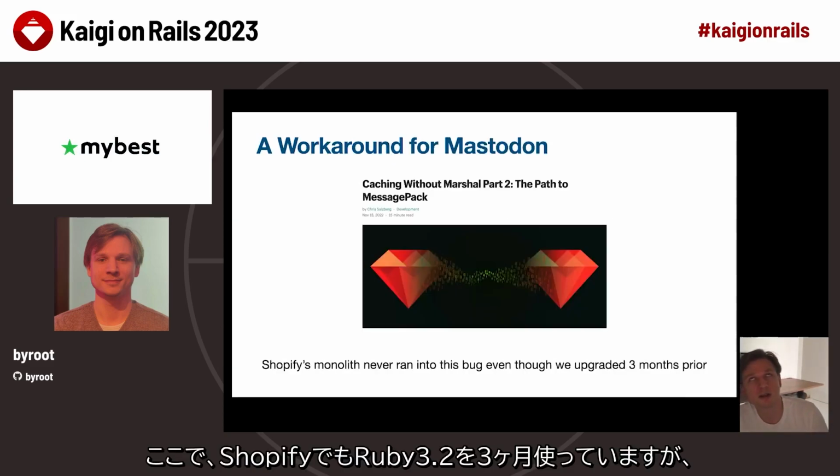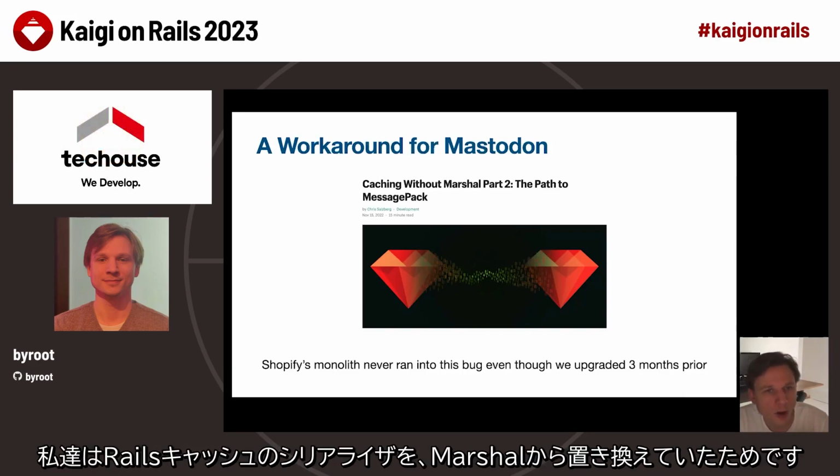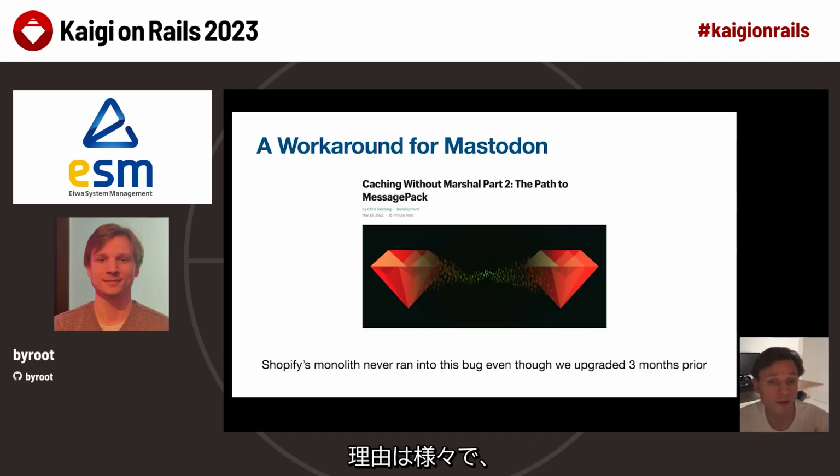But just before that, it hit me that at Shopify, we had been running Ruby 3.2 for over 3 months now, and we never ran into that bug. And the reason was because we replaced Marshal as a serializer for Rails cache for this kind of reason, actually.